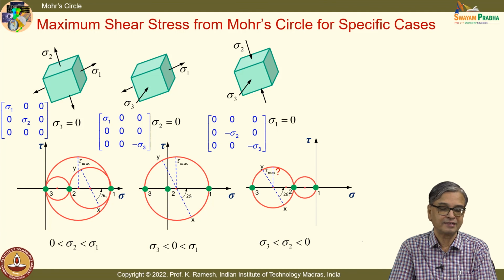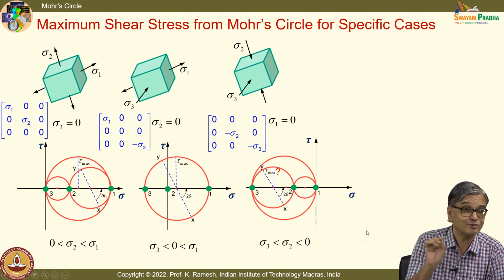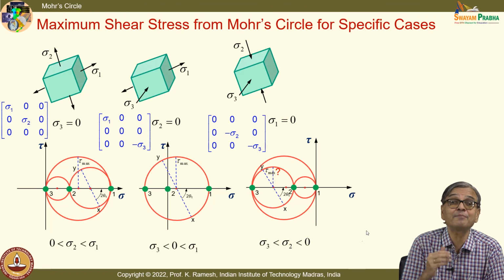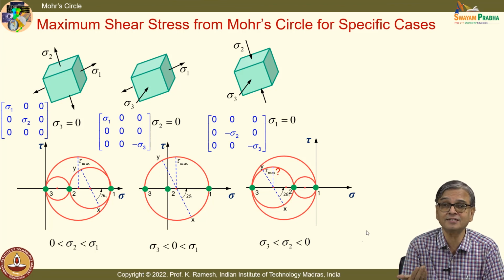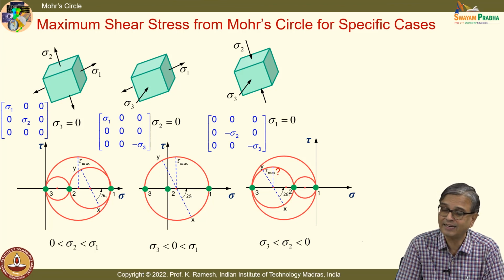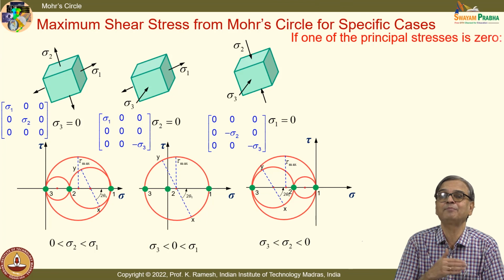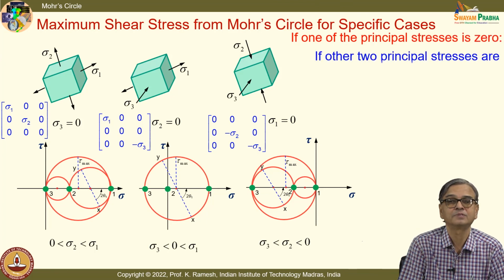I will again recognize the 0 value, and sigma 1 is 0 here. So you are also indirectly trained: when you have multiple quantities, even 0 can be the maximum principal stress, because algebraically it is the largest. So you have to look at what is algebraically the largest and label that as sigma 1.